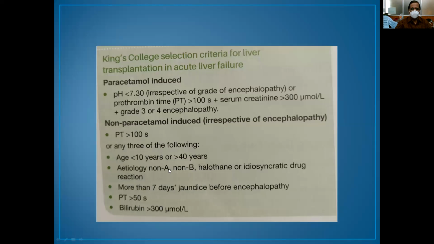It should be non-A, non-B, or idiosyncratic drug reaction, and more than 7 days of jaundice before encephalopathy, and the prothrombin time and bilirubin. So these are the criteria that are taken for transplantation in acute liver failure.